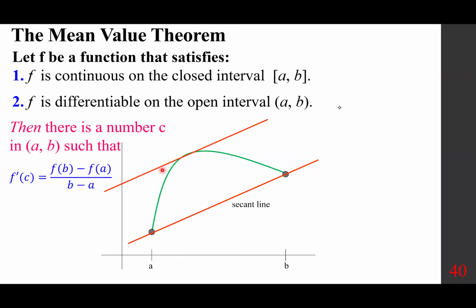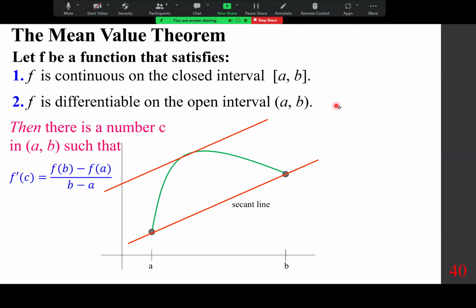There is a line which is tangent to this curve because it is continuous and it is differentiable. Somewhere between A and B, we can find a line that is parallel to this secant line. Therefore, it must have the same slope, which is this point.